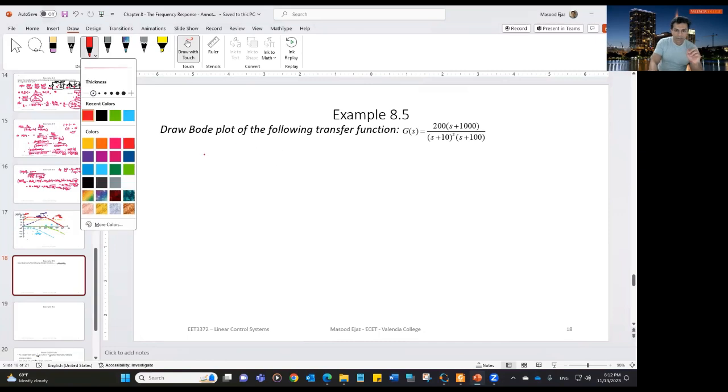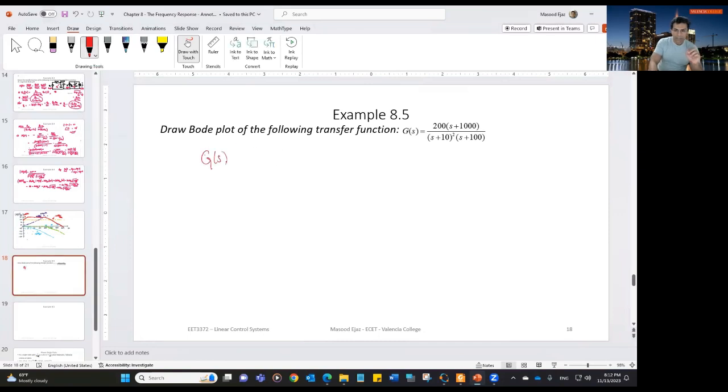I'm going to write this down as G of S is equal to 200 times (S plus 1000) over (S plus 10)(S plus 10)(S plus 100), because I broke (S plus 10) squared into S plus 10 and S plus 10.